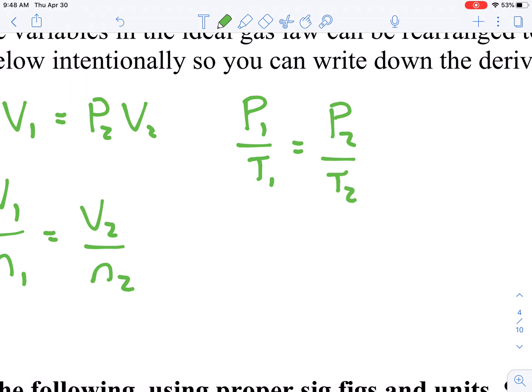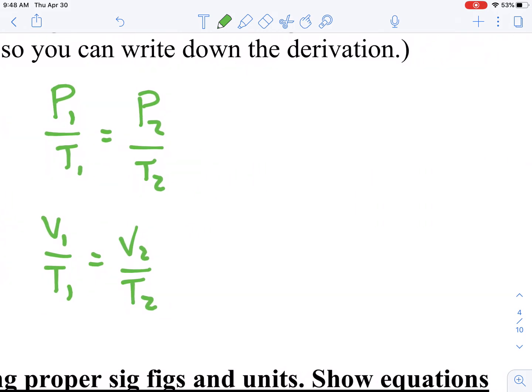Or we could cover up pressure and amount, and we could be left with V1 over T1 equals V2 over T2. Or we could get really crazy and we could just cover up amount, and we could be left with P1V1 over T1 equals P2V2 over T2.